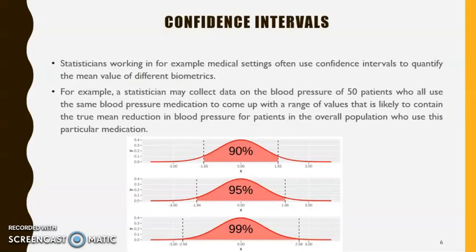And the last thing that I have put here for you, related to the previous one, is confidence intervals. That is something that, again, is in the field of statisticians.